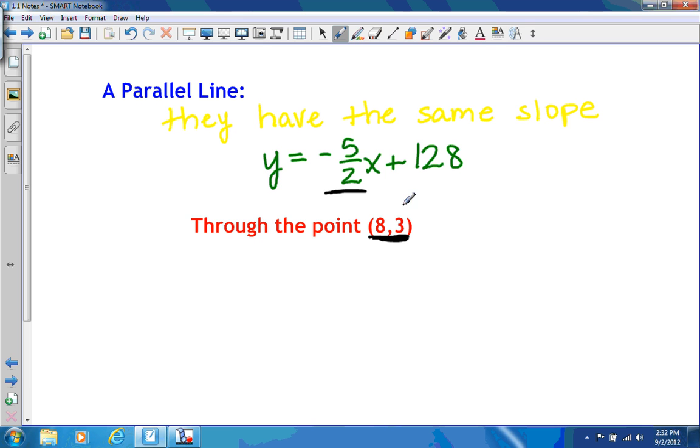And again, you can use point-slope form or slope-intercept form. For parallel lines, we'll use point-slope form. It doesn't matter, but we're just going to do it this way so that you see how to use it again. So we would have y minus 3 would equal a negative 5 halves times x minus 8.